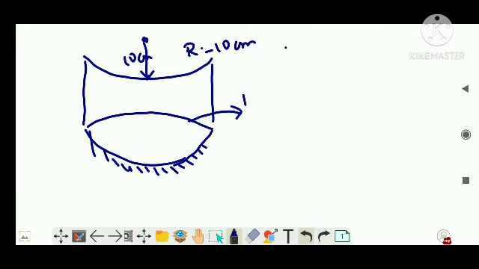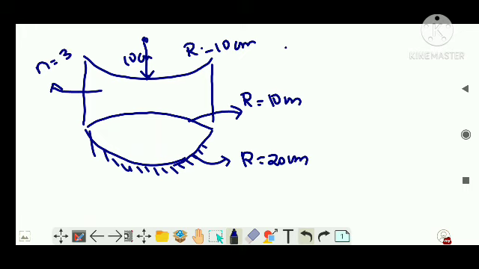This surface R is given as 10 centimeter again, and the mirror's R is given as 20 centimeter, right? Now this lens material has refractive index 3 by 2. This lens has the refractive index 3 by 8, right? Clear? These are all the parameters given.